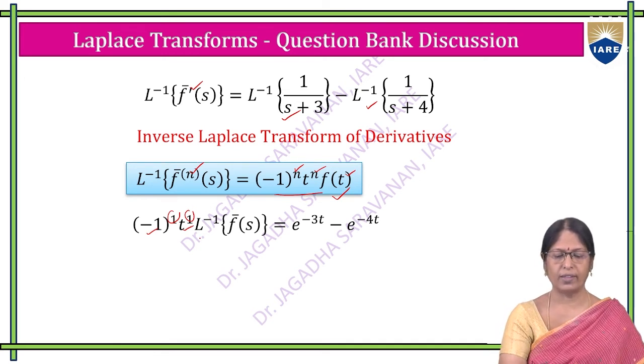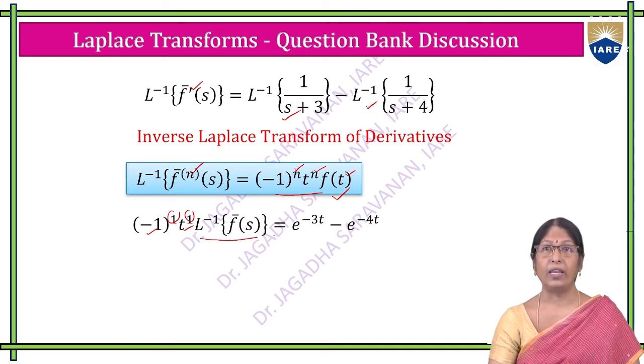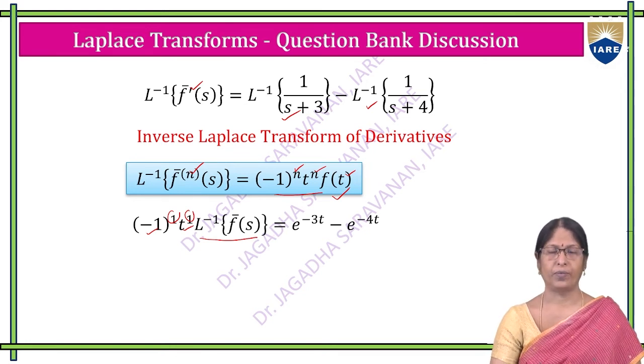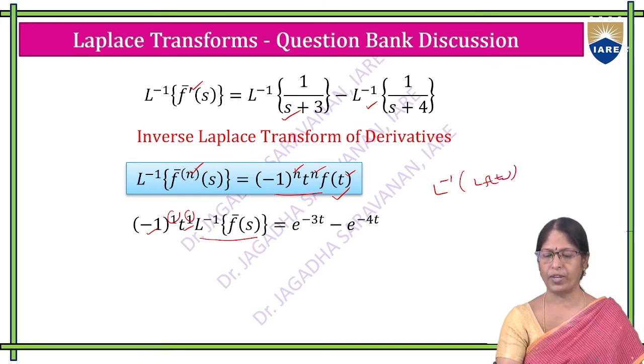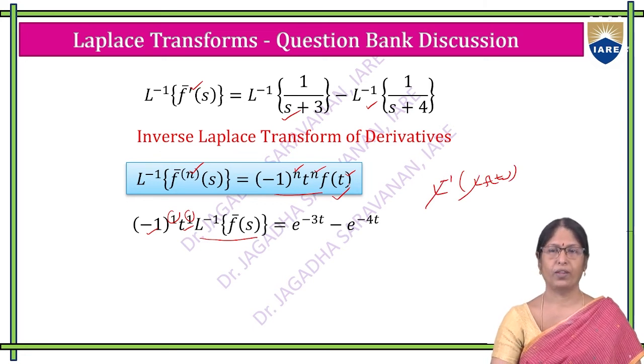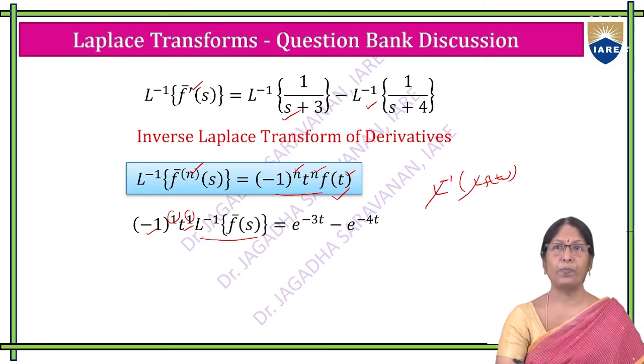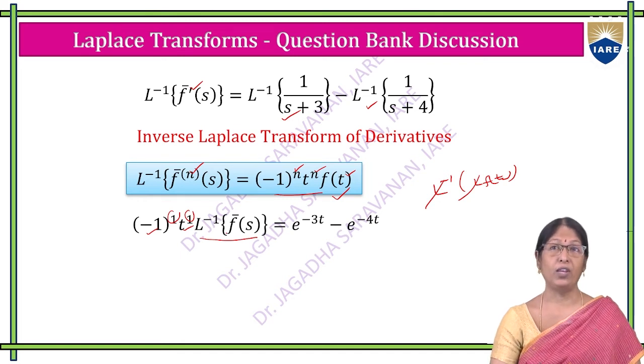f of t is nothing but L inverse of f bar of s. How is this obtained? L inverse of f bar of s is nothing but L of f of t, cancelling, we get f of t, which is replaced by L inverse of f bar of s.